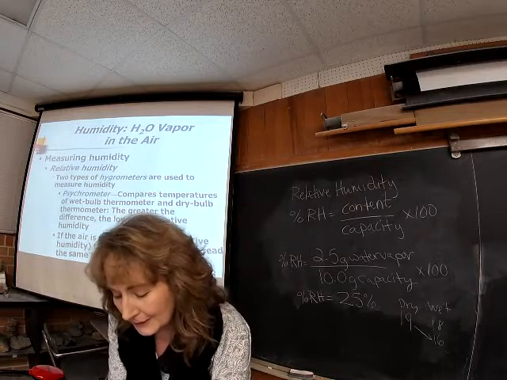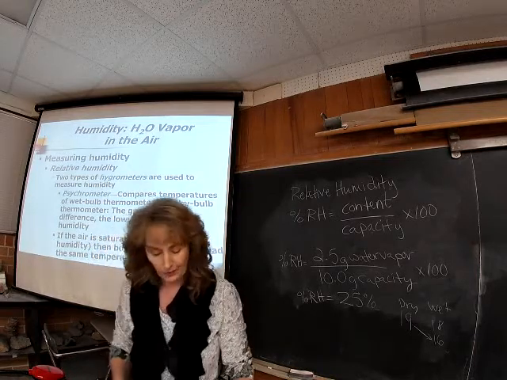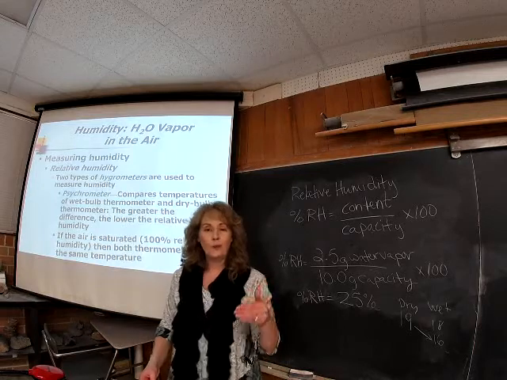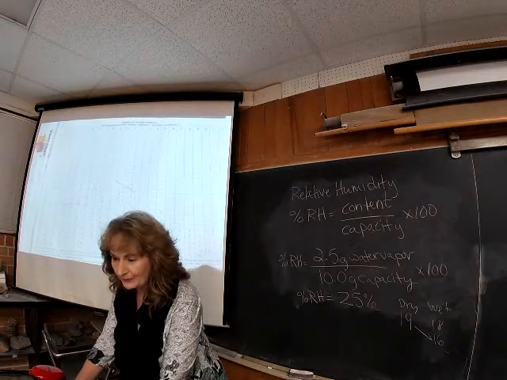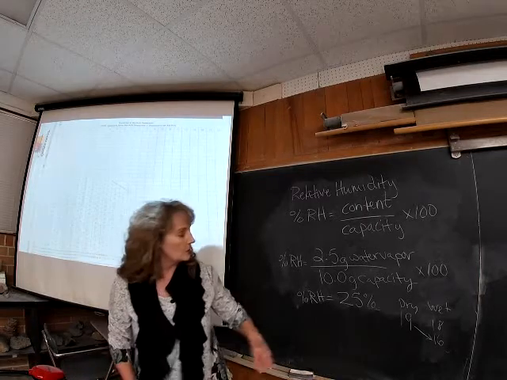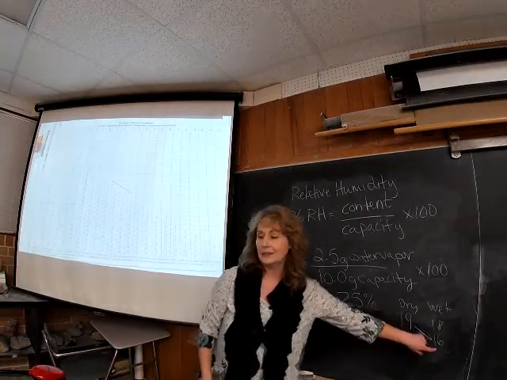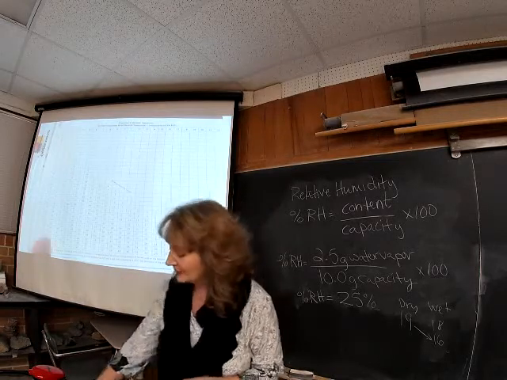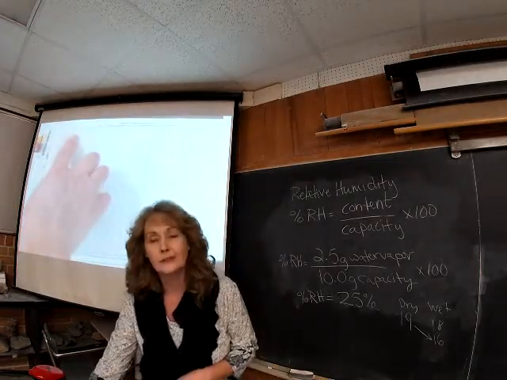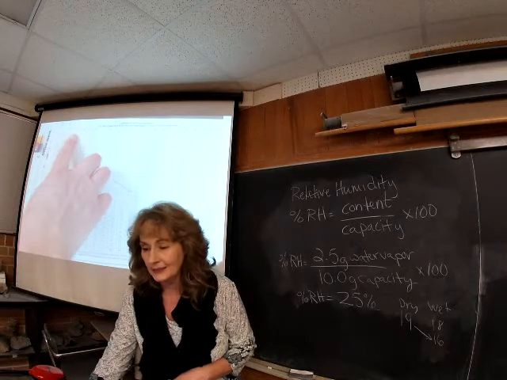And then we have some tables that will help us figure out what the relative humidity is. So in this scenario, dry bulb minus wet bulb, so the 19 minus the 16, dry bulb temperature minus wet bulb temperature across the top, we had a difference of 3 degrees Celsius.